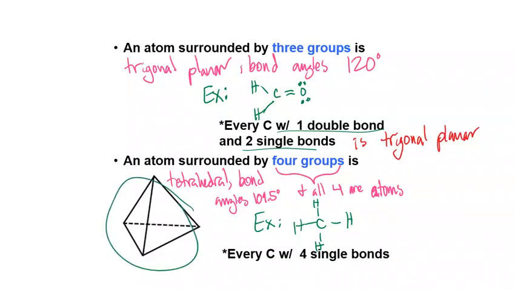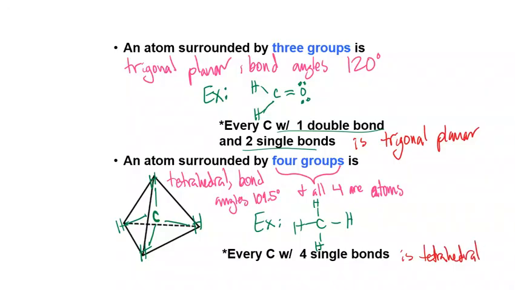If you can imagine this shape, a tetrahedron, you imagine the carbon in the middle, kind of like a pyramid, and a hydrogen pointing to each of those edges. And every carbon that has four single bonds is tetrahedral.